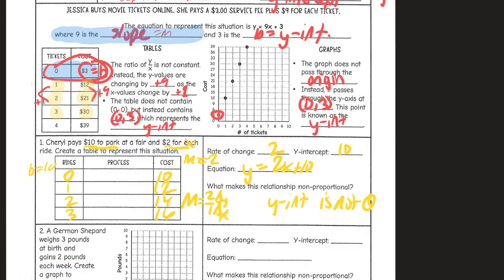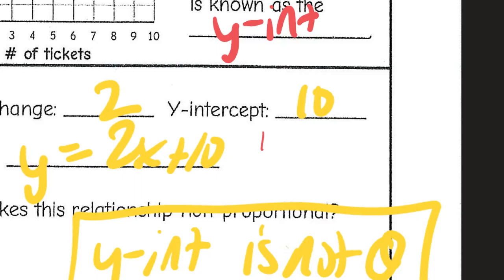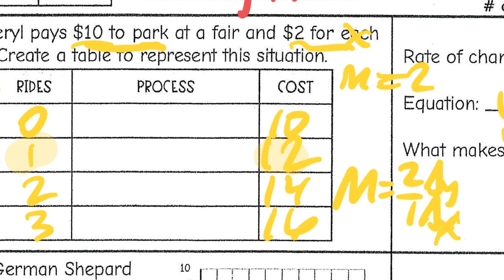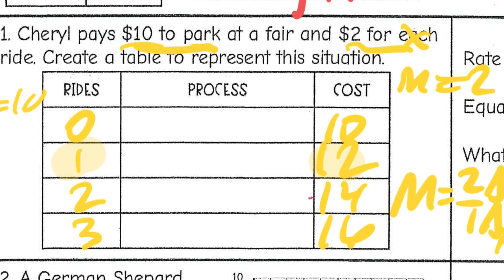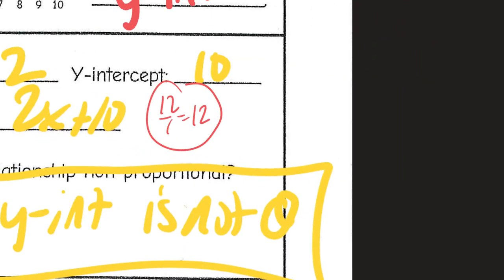Okay? So that's the big one. Y-intercept is not 0. And again, if I take my y over x, so let's do this one. Let's do 12 divided by 1. So 12 over 1 is 12. But then, if I do 14 over 2, well, 14 over 2 is 7. So those are not the same numbers. So that's why it's not proportional.